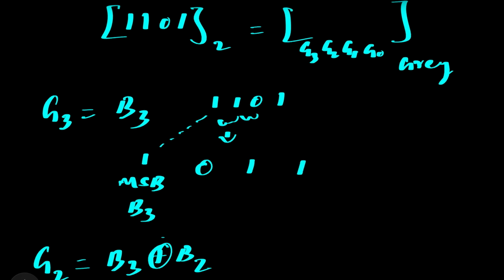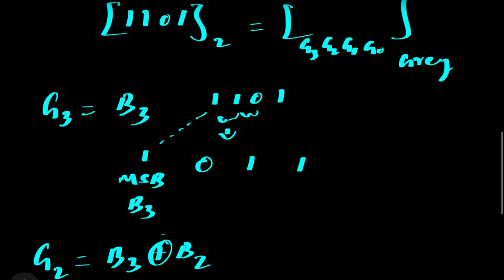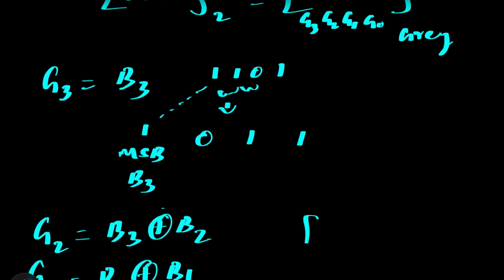So this will be the equivalent gray code for 1101. We got the output 1, then 0, then 1, then 1.